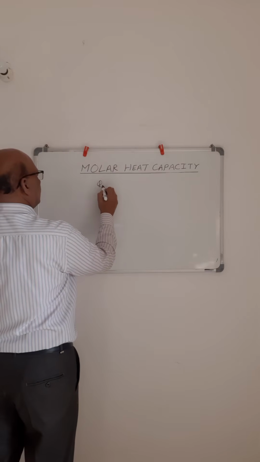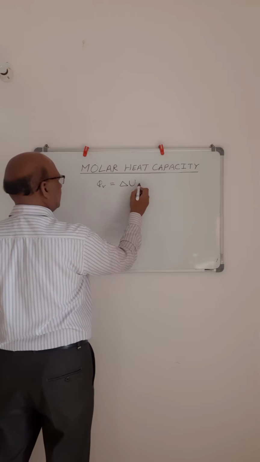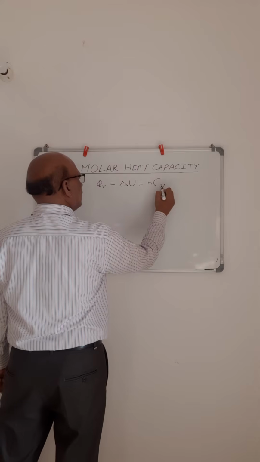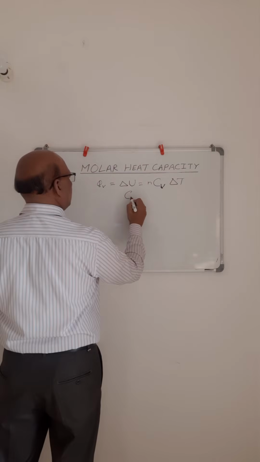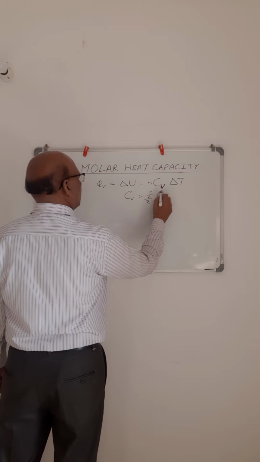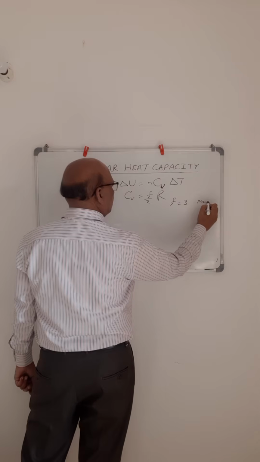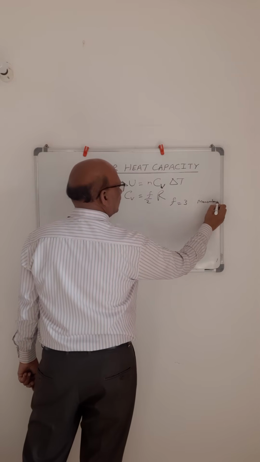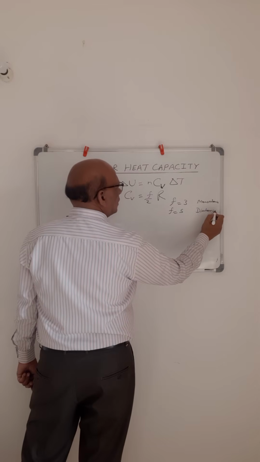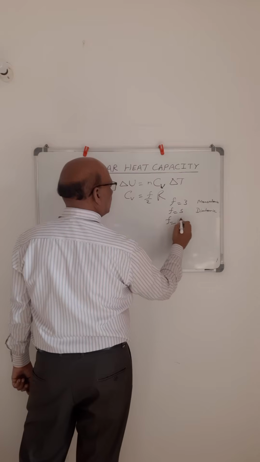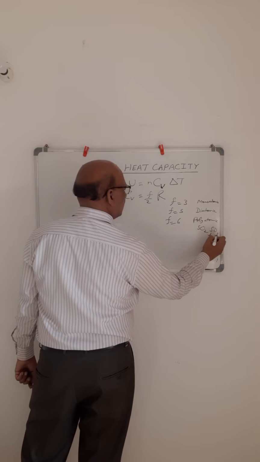Heat exchange at constant volume is nothing but the change in internal energy of the gas, equal to nCv delta T, where Cv is the molar heat capacity at constant volume, and the value of Cv is f by 2 into R, where f is the number of degrees of freedom. f is equal to 3 for monoatomic gases like helium, neon, etc., f equal to 5 for diatomic gases like oxygen, hydrogen, etc., and f equal to 6 for polyatomic gases like SO2, SO3, etc.